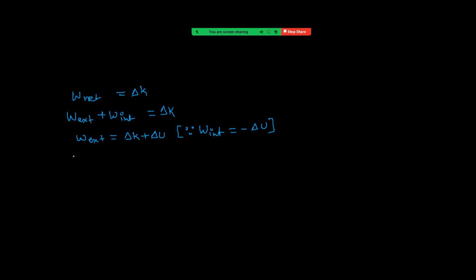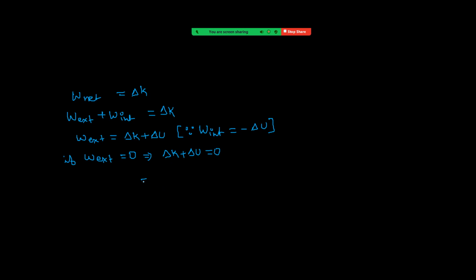Now, if work done by external forces is equal to zero, then what happens? Then delta K plus delta U equals zero.